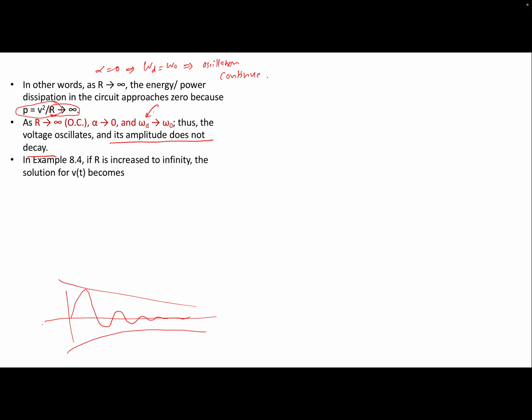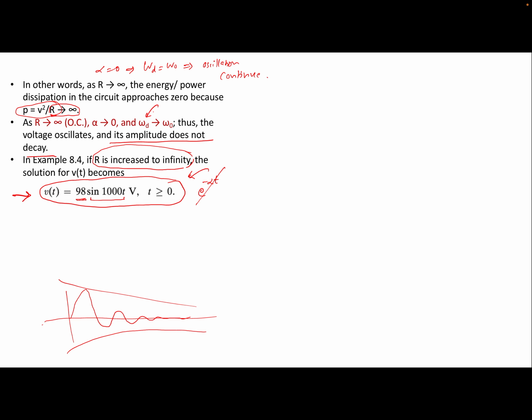So for example, if in the previous example we were to replace R with infinity or an open circuit, then this is the equation that comes out. And if you notice, there is no e raised to power alpha term here. If there's no e raised to power alpha term, this means that there is no damping of the oscillation, and our voltage is 98 with the peak amplitude value, and we have a sine of 1000t.